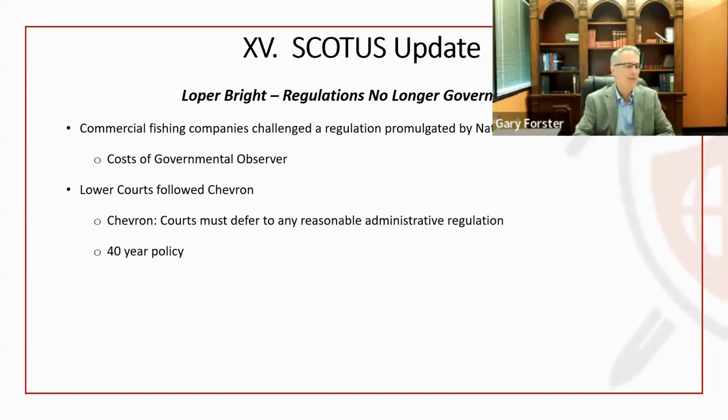So we had for 40 years the Chevron doctrine in place, which said to the courts, if something comes up under the Internal Revenue Code and there's an ambiguity or an absence of law, and it's not unreasonable, you have to follow the regulation put in place by regulators, the executive branch, the collection side, the IRS.